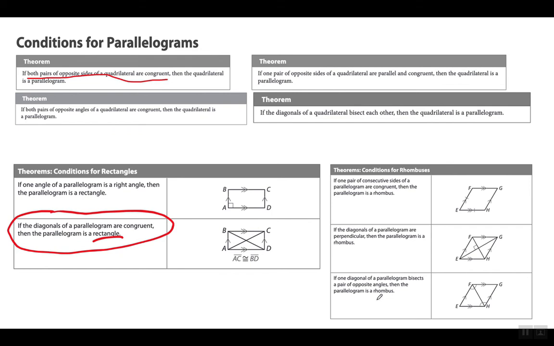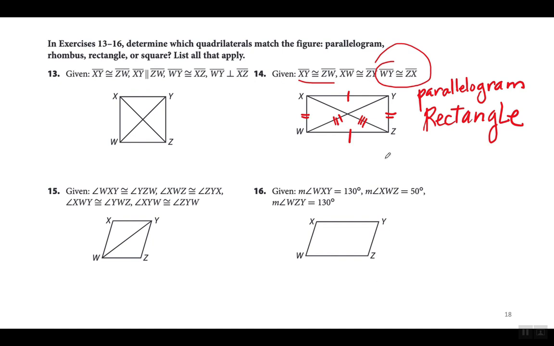And the third condition, if one diagonal of a parallelogram bisects a pair of opposite angles. Si un diagonal bisecta un par de ángulos opuestos, tampoco tenemos eso. So it's not a rhombus. And if it's not a rhombus, that means it's also not a square, so I'm done with 14. No es un rombo, y si no es un rombo, eso quiere decir que tampoco es un cuadrado. Así que ya, esas son las dos respuestas para el 14.